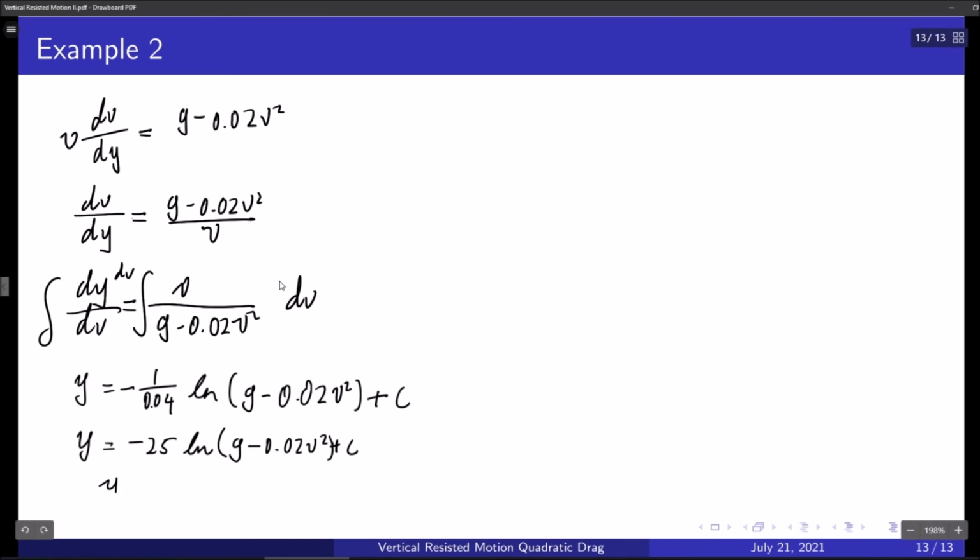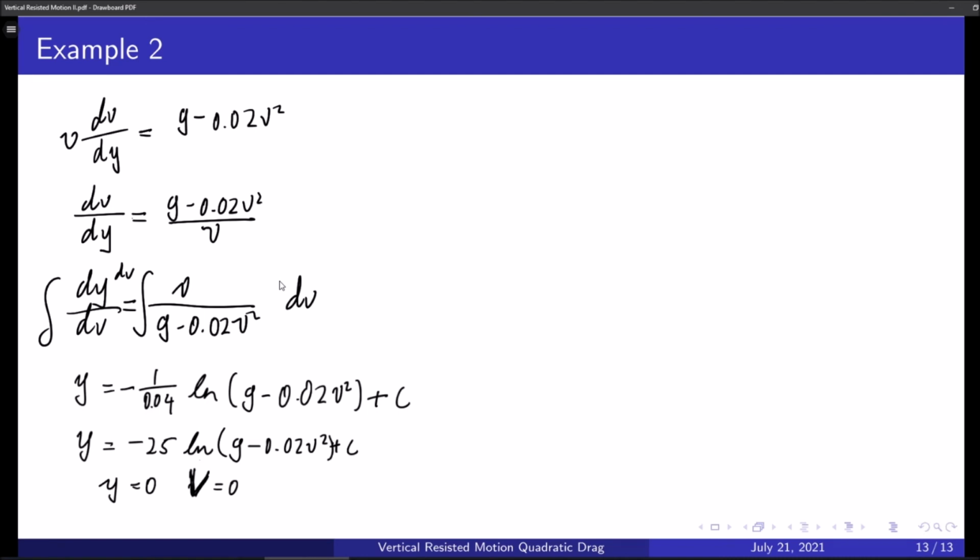When y equals 0, because we start from stationary, the velocity equals 0 as well, because the initial velocity is 0.